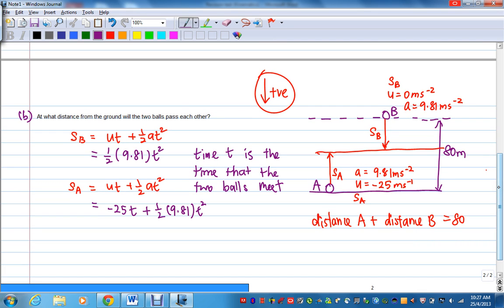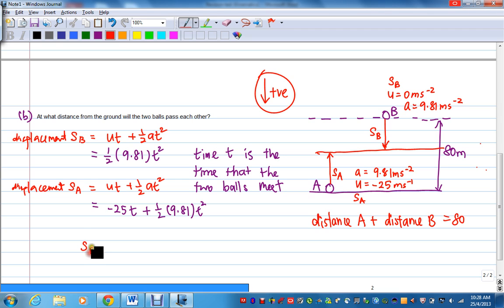Bear in mind that s here stands for displacement. Displacement is a vector. This s is not distance. It comes with direction. If you take a look at the diagram, your SB is going down, so SB will be positive, but your SA is going up, so it's opposite to our sign convention. So I will put a negative sign in front of SA.